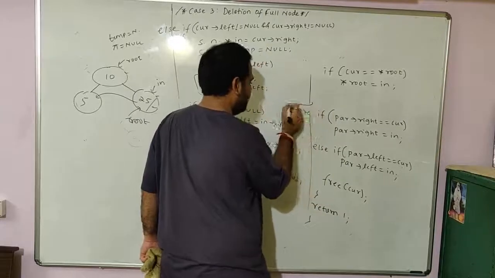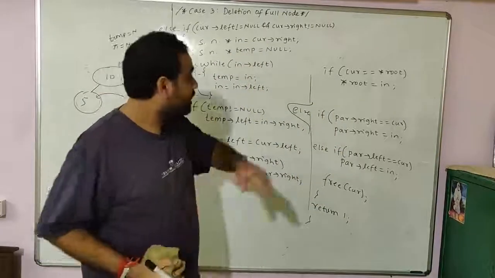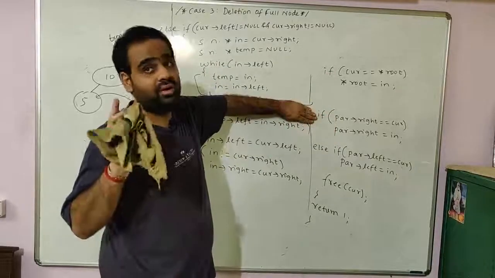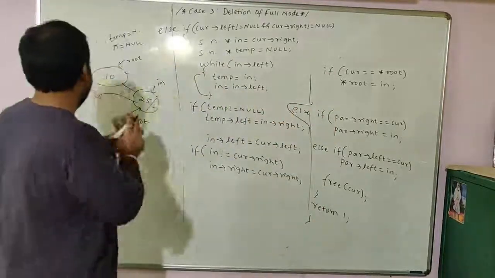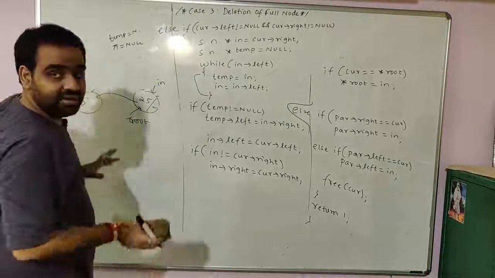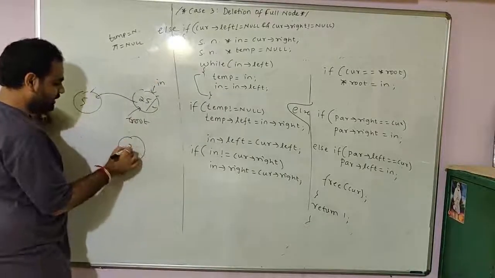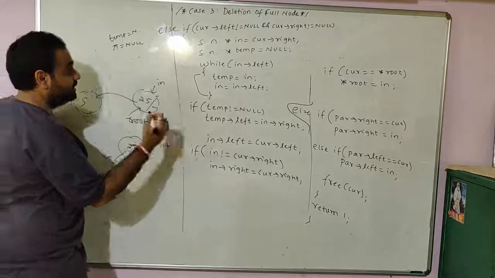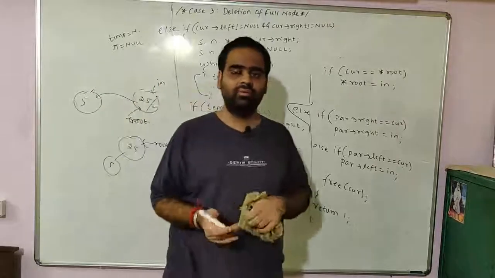If you just write else, this should give segmentation fault, because even though this condition is true, this will be executed if you would have written if. Therefore, else if. Now, you say free current, and you say return 1. If I redraw this tree, it is 25, 5, and this is where the root will be. This is how we delete a full node from the binary search tree.